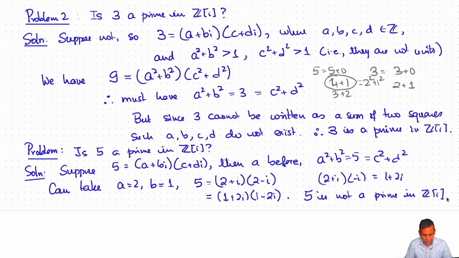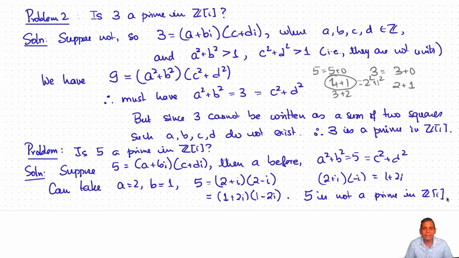In fact, what these two problems show you is that a prime number is not a prime in the Gaussian integers if and only if it can be written as a sum of two squares. And if it cannot be written as a sum of two squares, it will be a prime number in the Gaussian integers.